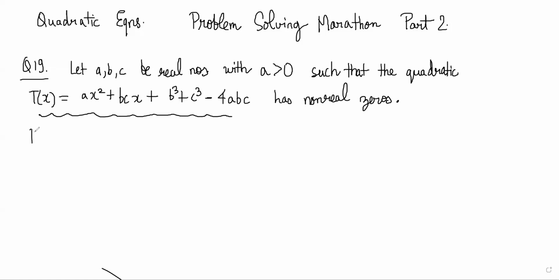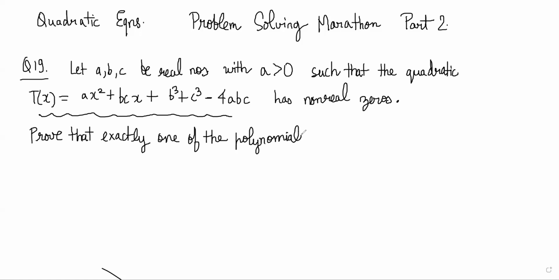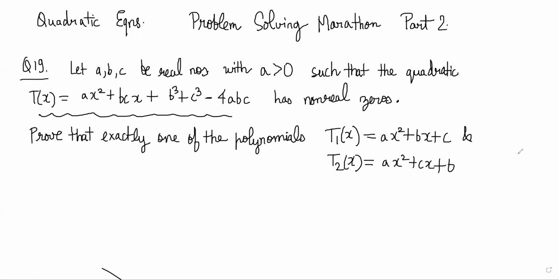Then we have to prove that exactly one of the polynomials t1x is equal to ax square plus bx plus c and t2x is equal to ax square plus cx plus b has only positive values.